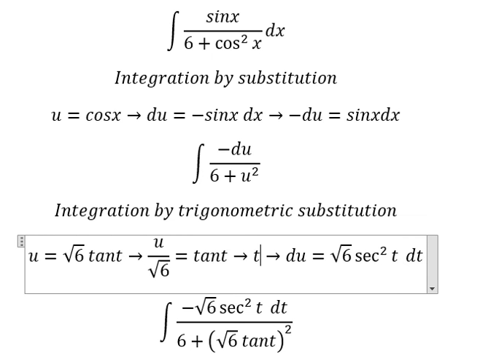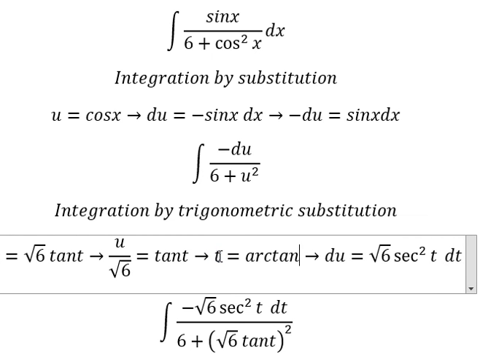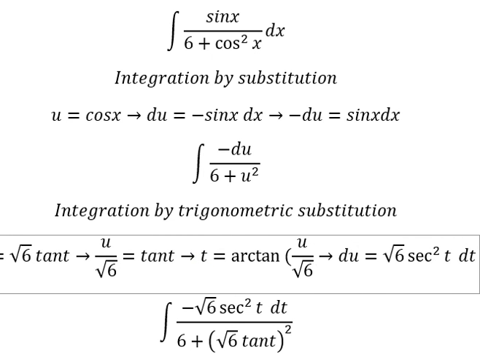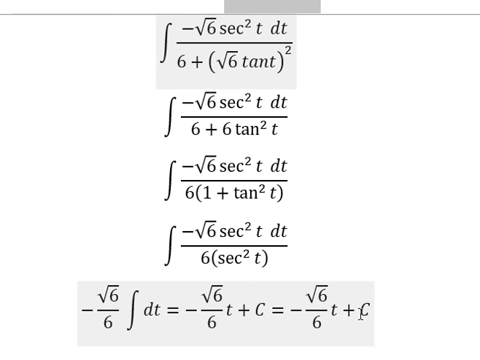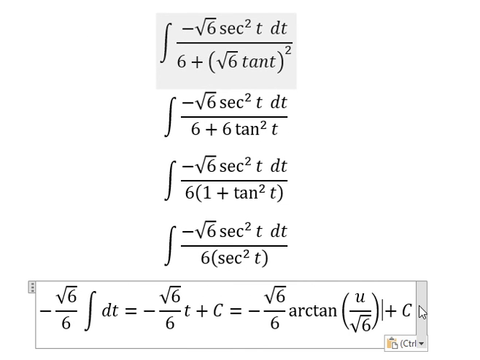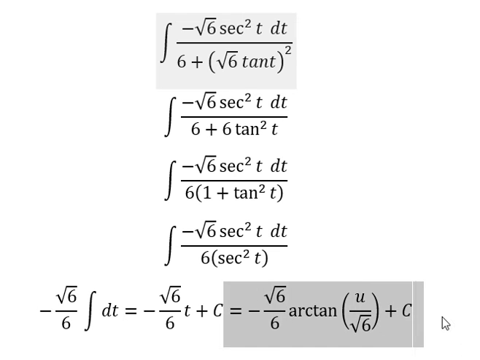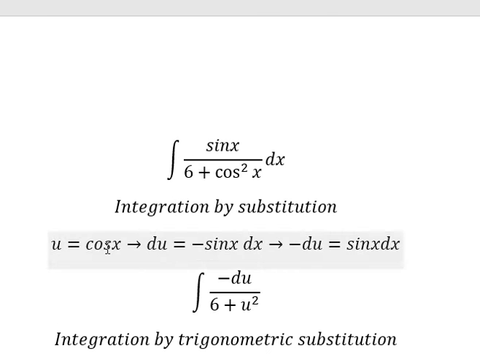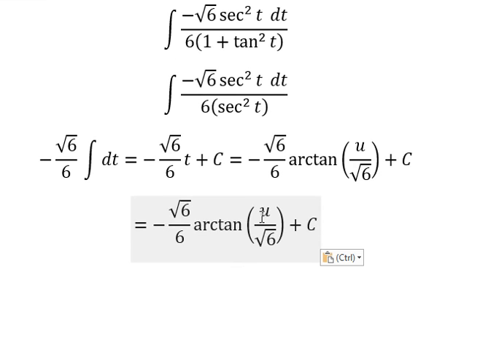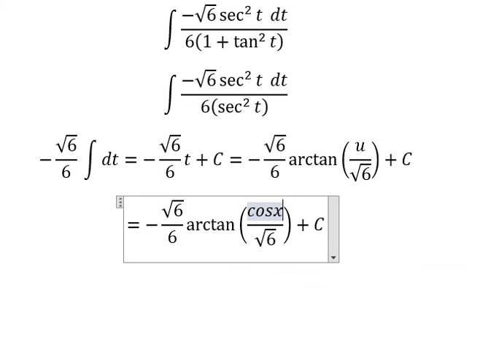And we have t equals arctan of this one. And now we need to change t into this one. About u, that is cosine x. This is the end. Thank you for watching.